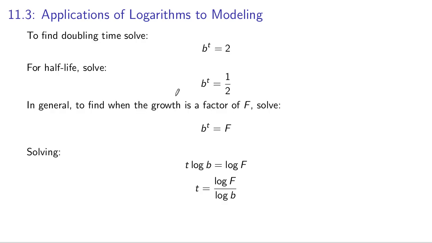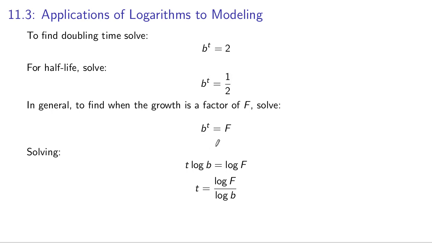So just going back over those examples we've just done, we see to find doubling time, we just have to solve this exponential equation. The growth factor to the t power equals 2. For half-life, we just had to solve b to the t is 1/2.